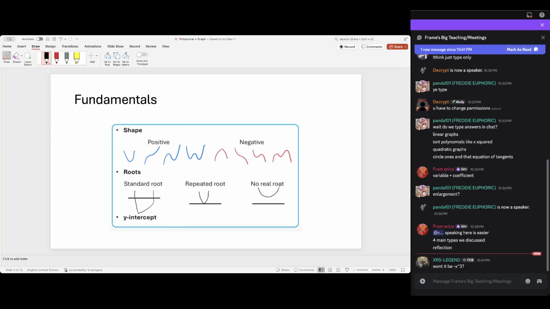And standard root. A root is where the graph is on the line or crosses the line. The root is where something is zero, where x is zero, y is zero, or z is zero, or whatever dimension is zero. That's a root.